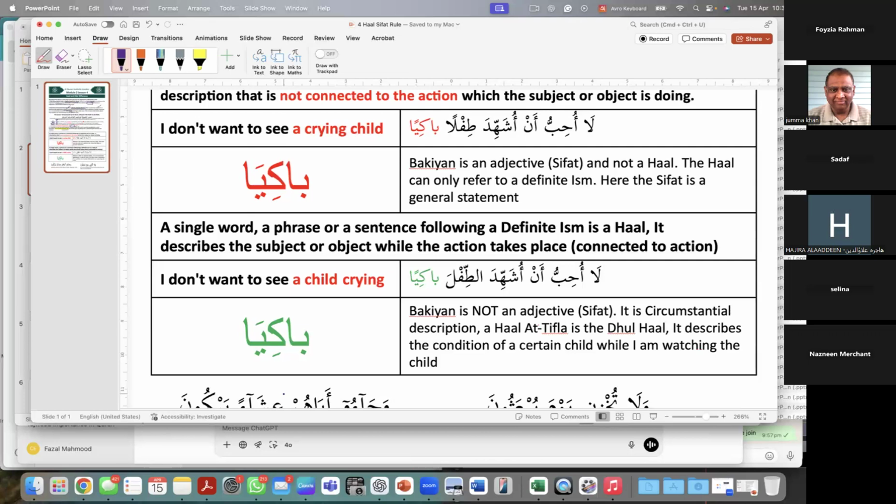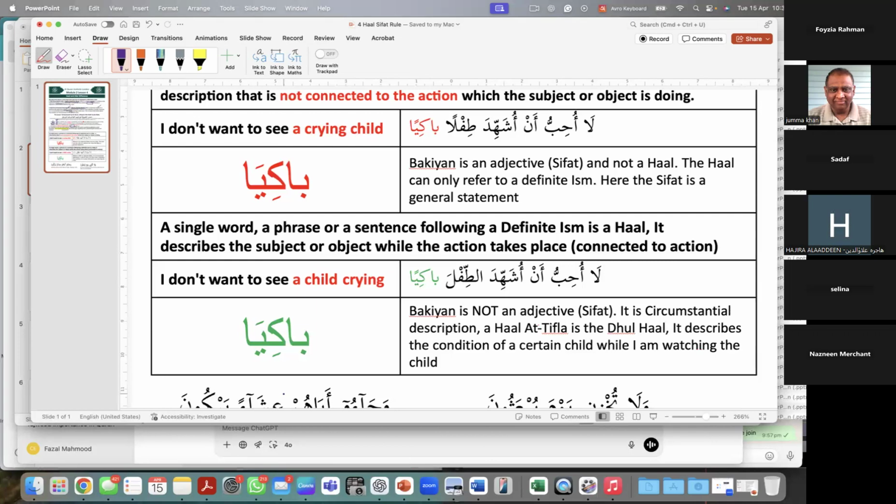It will have a meaning, to see. An ushahida, that's masdar muawwal. You studied this in module 1. Recollect it. An ushahida, to watch, to witness. I do not like to witness, to see. What to see? Tiflan, maf'ul bihi. I do not like to see, watch, a child.